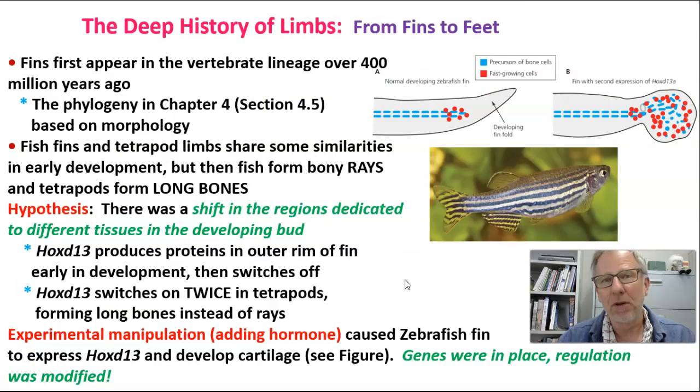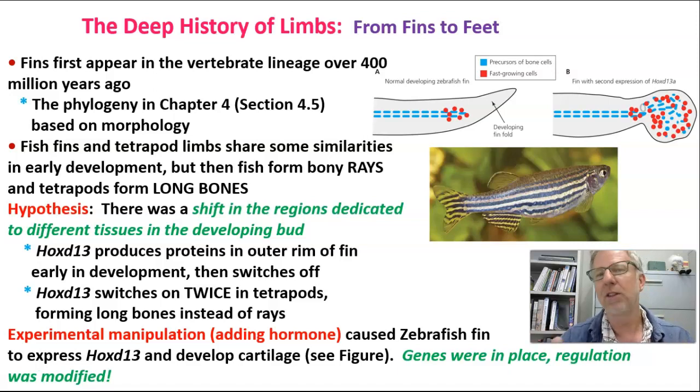So let's look at the development of fins and feet just a little more carefully and take a look at a manipulative experiment that shows how this HOXD13 gene may have indeed been responsible for the development of limb bones in tetrapods.